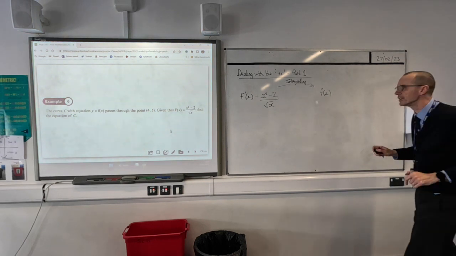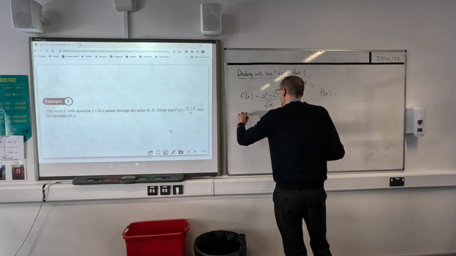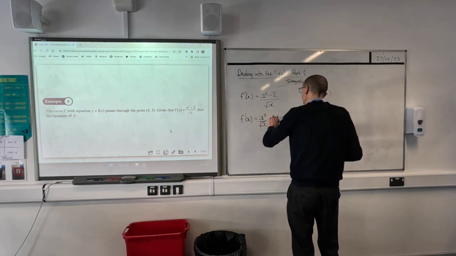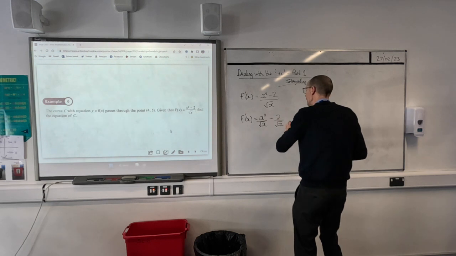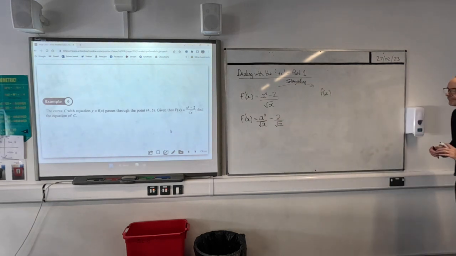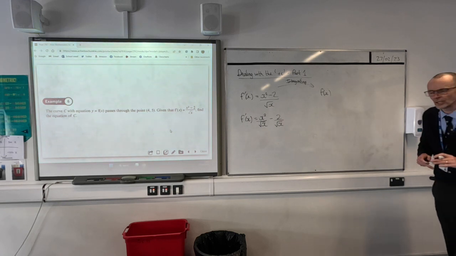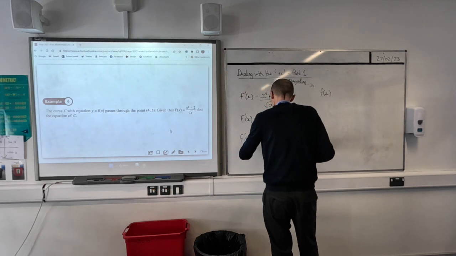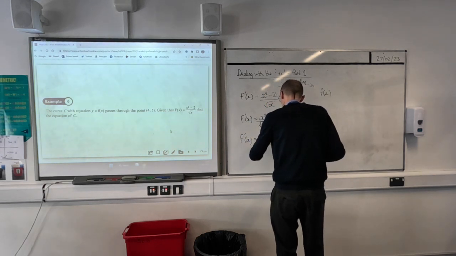So let's prepare this for integrating. So I've got two things over one thing. So I can split it up. I'm then going to remember that the square root of x is x to the half.